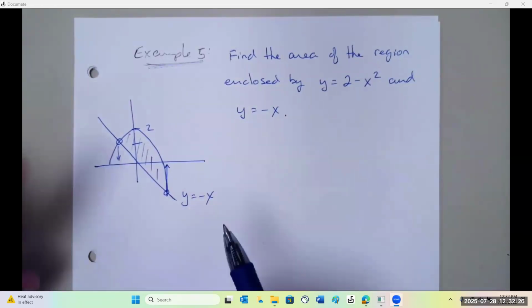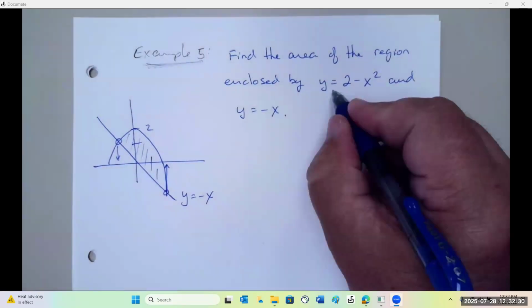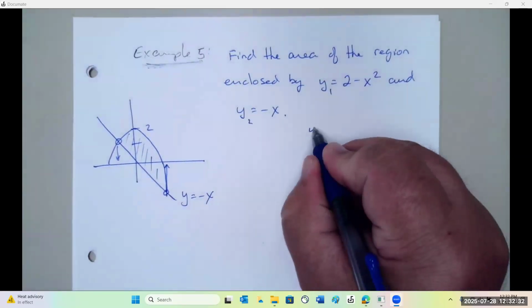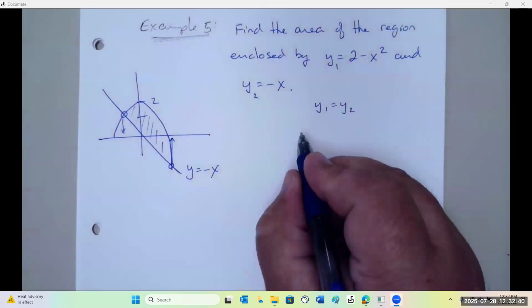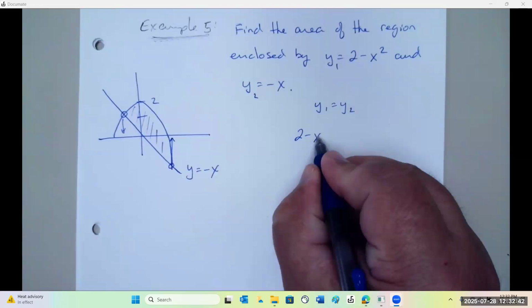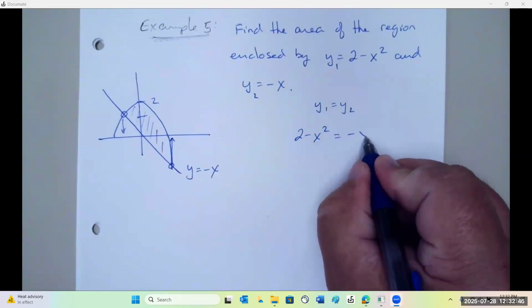That's where the two graphs are equal, right? So here's y1, y2. If we set y1 equal to y2, where they intersect is going to be those 2 points. So y1 is 2 minus x squared, and the other one is negative x.